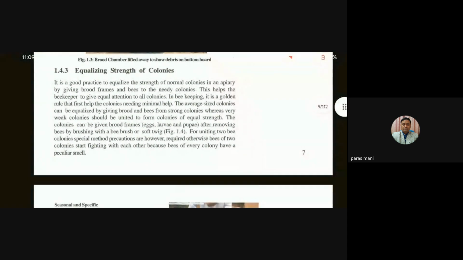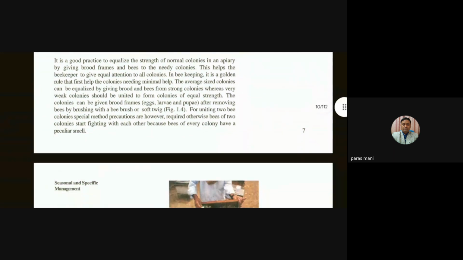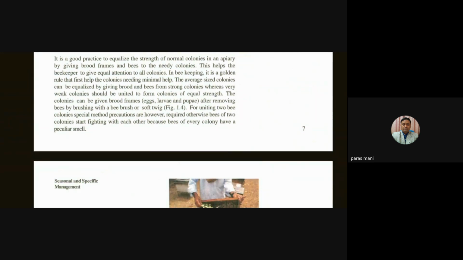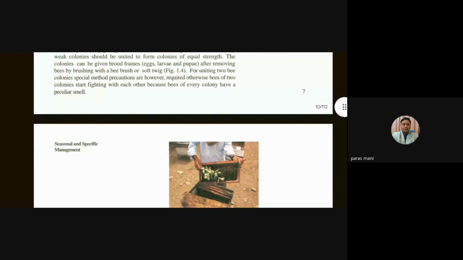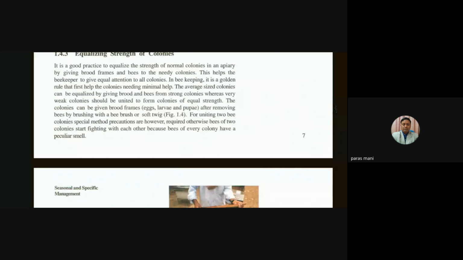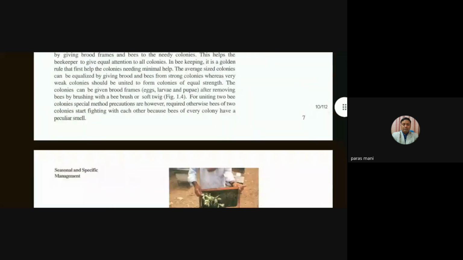You have to ensure that the frame lifted from the stronger colony contains a good amount of eggs, larva, and pupa, so that the weaker colony hive will receive more workers later.